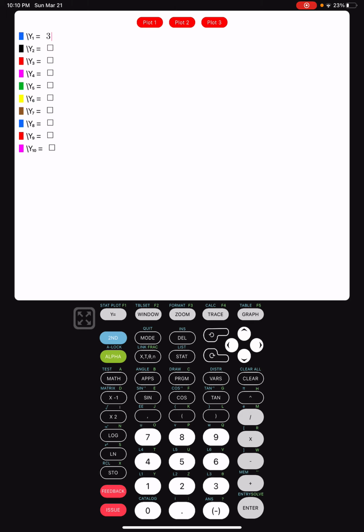So 3 minus 3 cosine, it was a pi x over 2. Okay. Delete.